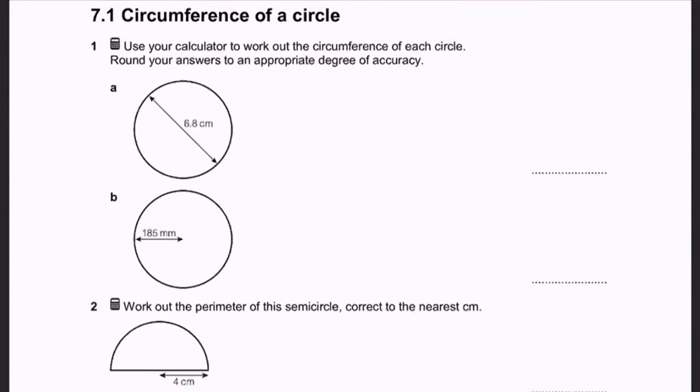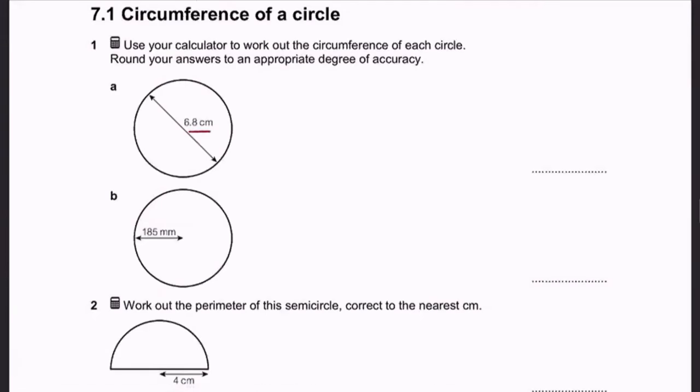So now this is the diameter. Okay, so 2 pi r equals 2 times pi times r, which is half of this one, 3.4.